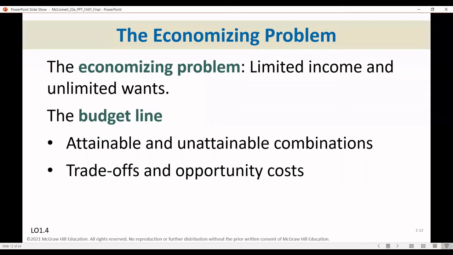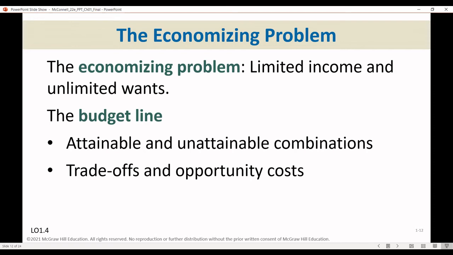So, the economizing problem that we pointed out before. What is the economizing problem, right? The economizing problem is due to the fact that resources are limited, but our wants are unlimited, right? So we must make a choice.